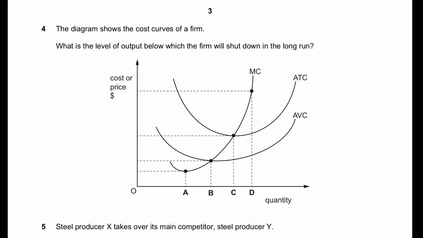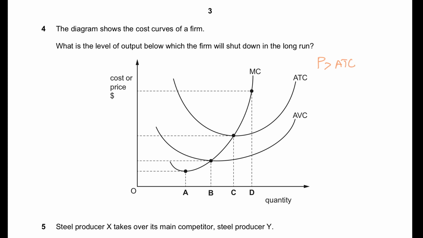In this question, they say the diagram shows the cost curves for a firm. What is the level of output below which the firm will shut down? So, guys, when you look at firms shutting down, in the long run, we need to make a normal profit, which means price should be greater than ATC. But in the short run, price has to be greater than AVC.